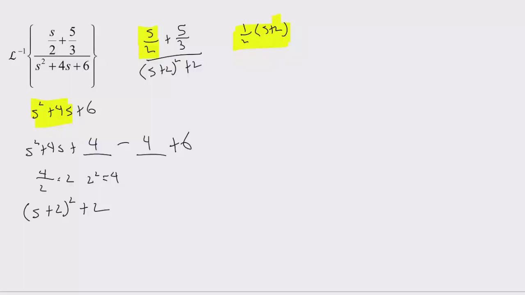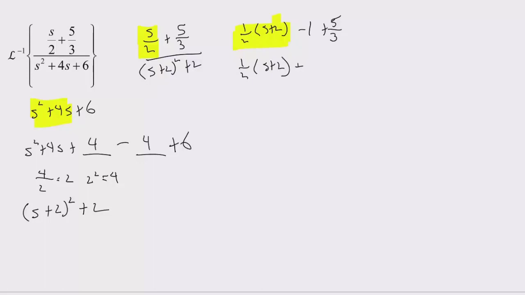So I must have added 1, which means to keep this balanced, I've got to subtract 1, and then add that with the 5/3. Okay, so that's 1/2 times s plus 2, plus, let's see, 5/3 minus 1 would be 2/3.